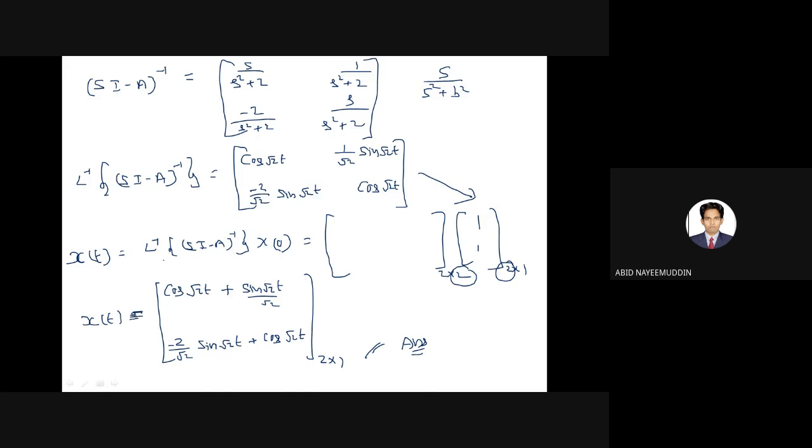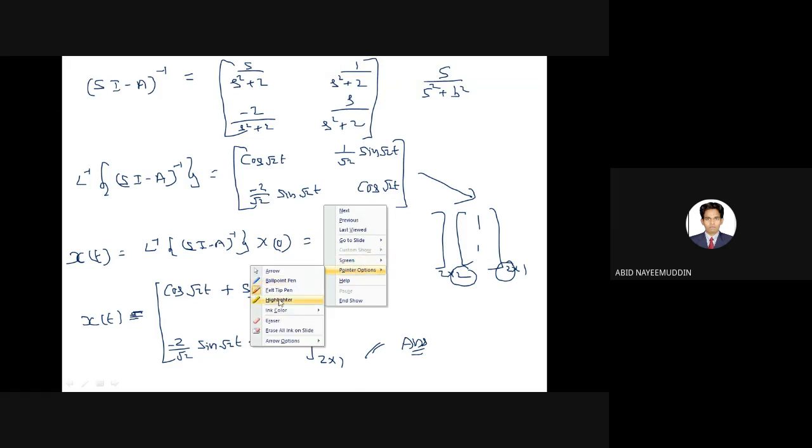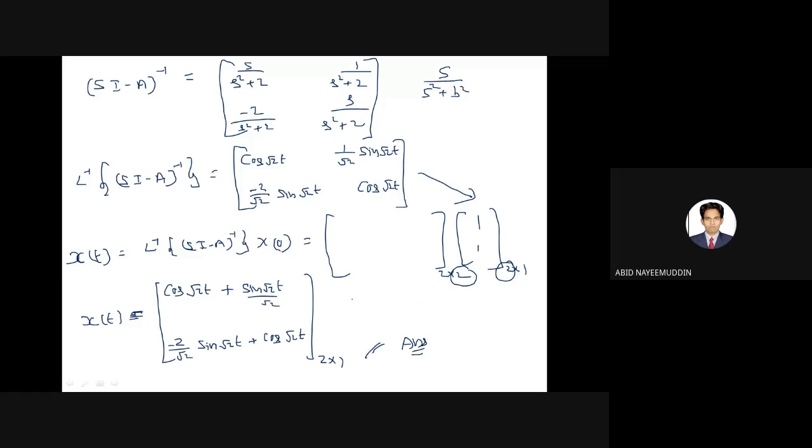So for the given state model, this is your x of t, all the terms in terms of x. It means that it is a two row matrix. If you split it in terms of equations, you will get x1, the first variable with respect to time, as cos of root 2t plus sine root 2t divided by root 2.